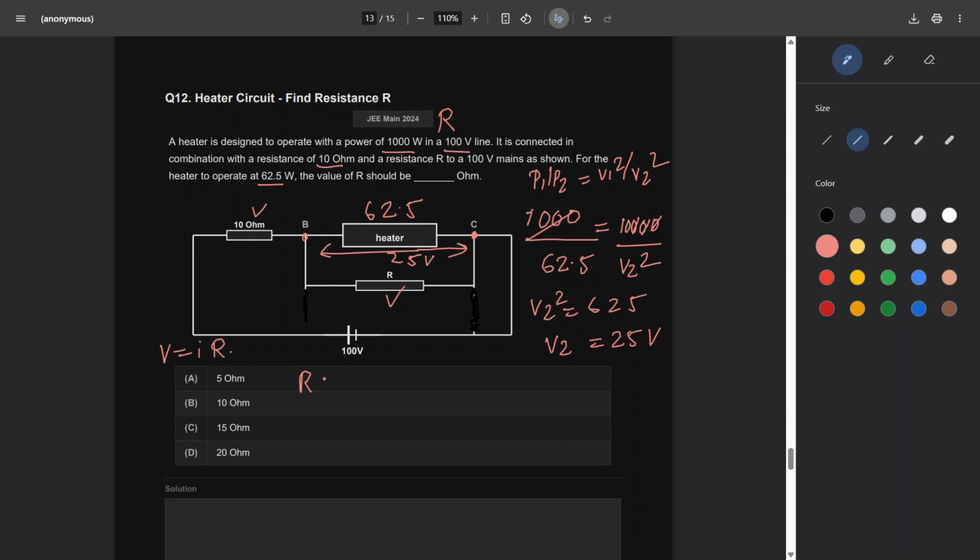So P equals V square upon R. R is V squared upon P. R is 10 ohm, right? This is 10 ohm, this is R, and this is also 10.